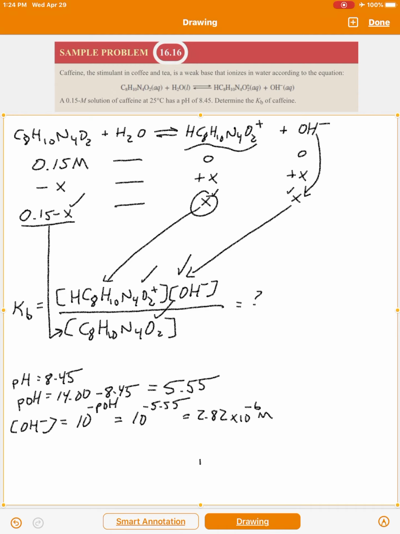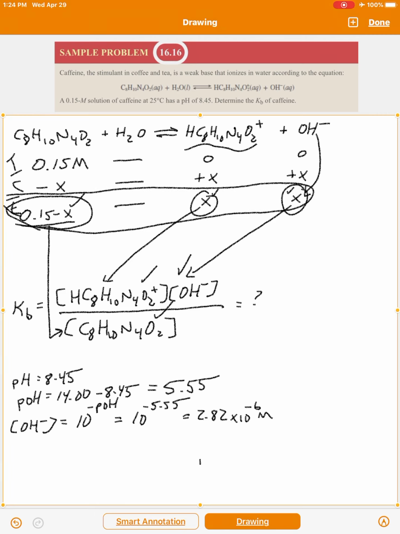Remember, these are the values we're looking for. And we've got the amount of caffeine that's left over at equilibrium as well. Remember, it's ICE, right? These are the values down here that we're looking for. We've got them all. So I'm going to write it in the expression. It's the conjugate acid of caffeine times the hydroxide, so that's just x squared.